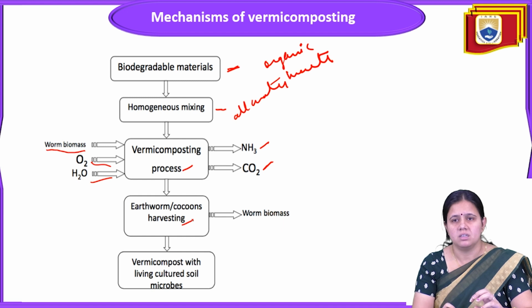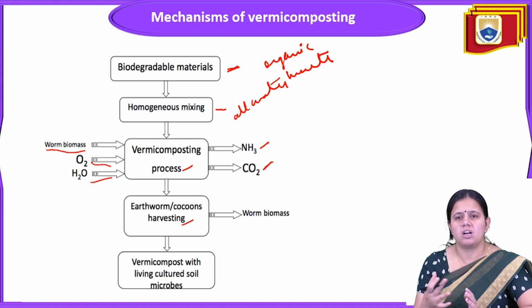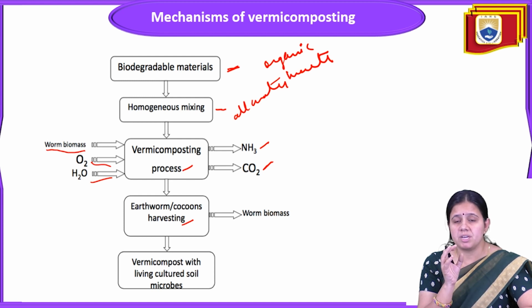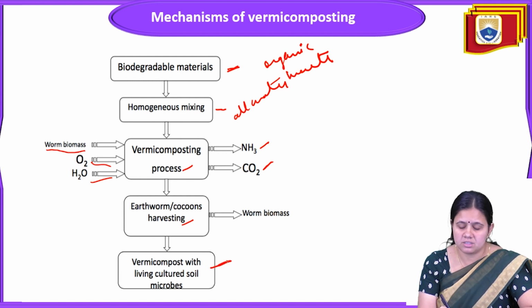When we add earthworms with the worm biomass, harvesting of earthworms will start. With this harvesting, the vermicompost with living cultured soil microbes is obtained.